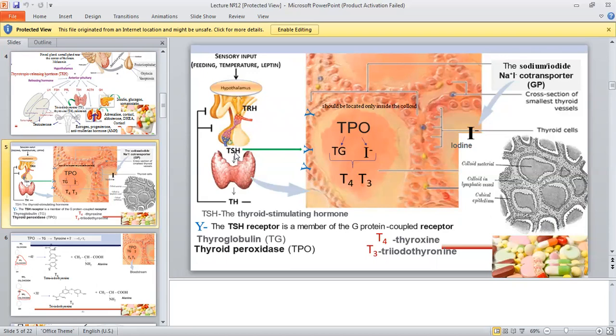When thyroid stimulating hormone gets into the blood, it acts upon the thyroid gland, which produces thyroid hormones: calcitonin, triiodothyronine and thyroxine. So these three kinds of hormones, the general mechanism includes, for example, this is T4, this is T3, this is the iodine factor, and this is the tyrosine factor. So this is the general mechanism.